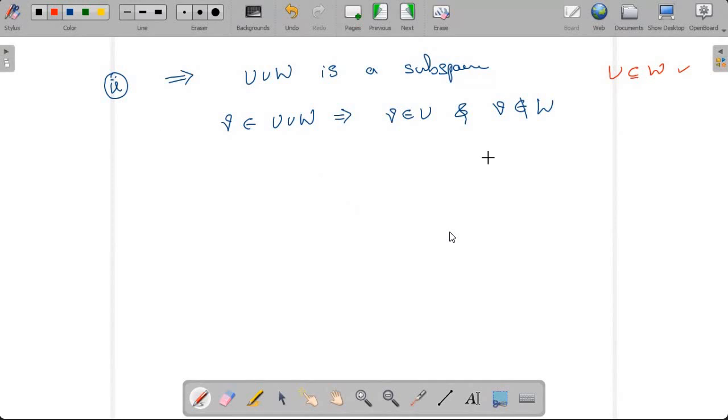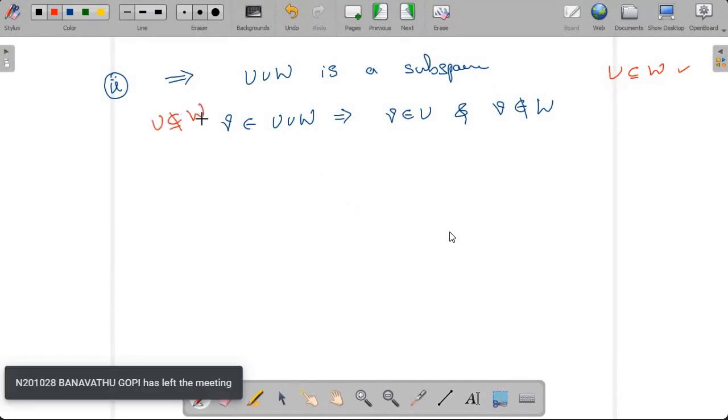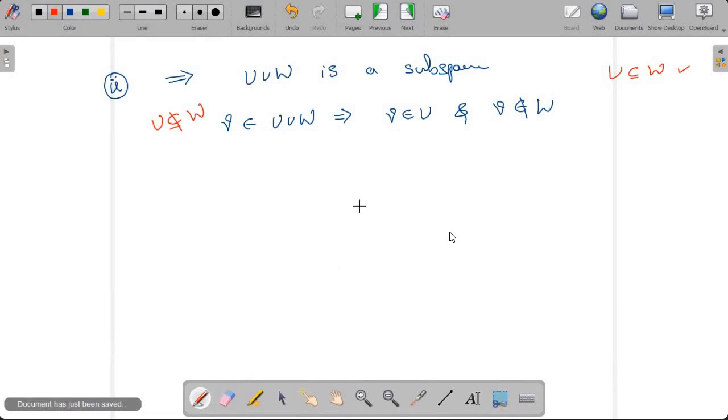So let me have this assumption first. U is not contained in W. Right? If U is not contained in W, then definitely it is possible to find a V in U which is not there in W. Why? Because U is not a subset of W. It is possible. And one more thing also I'm assuming.